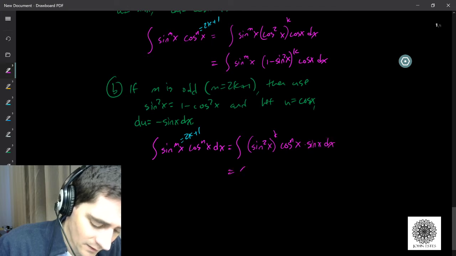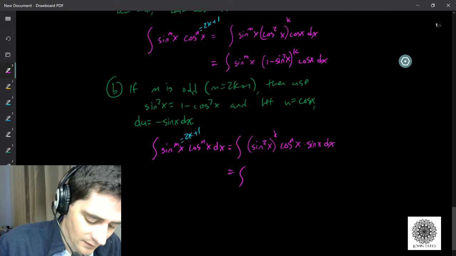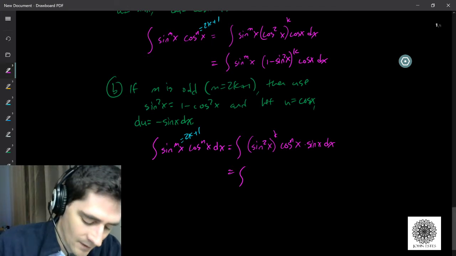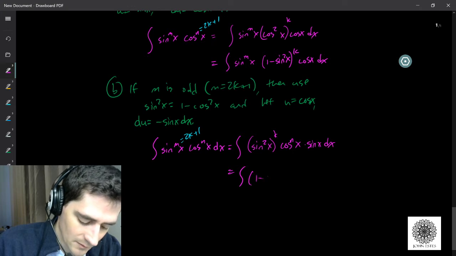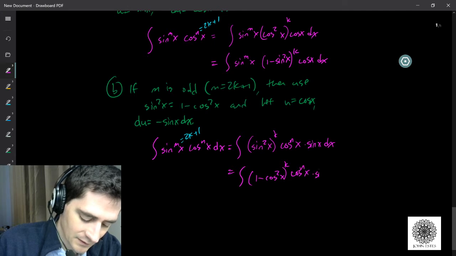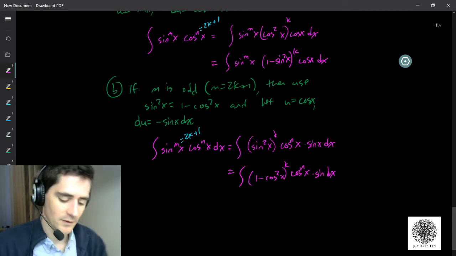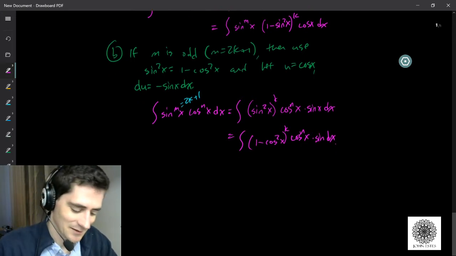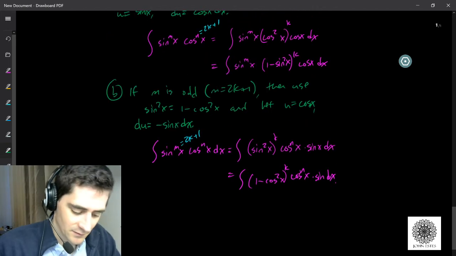From there, I'll replace sine squared using my Pythagorean identity. That's going to be 1 minus cosine squared to the k power, cosine nx times sine x dx, and now I can use my u substitution like I want. Make sense?